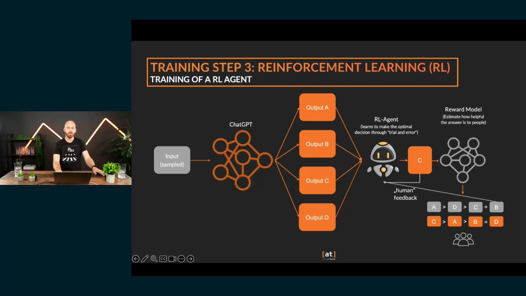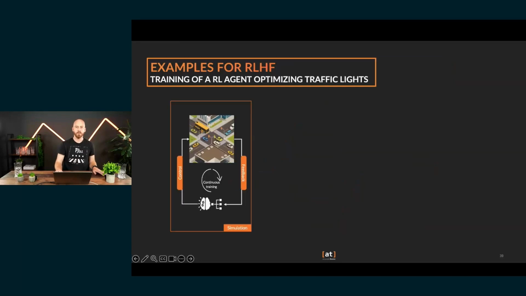But let us have a look at another example, the traffic light example, which Philipp was talking about earlier. As you might remember, we have our optimization problem of traffic lights. And in this situation, we have here a scene, and the reinforcement learning agent asks the reward model for feedback, and we want to train the reward model in this case also with human feedback.